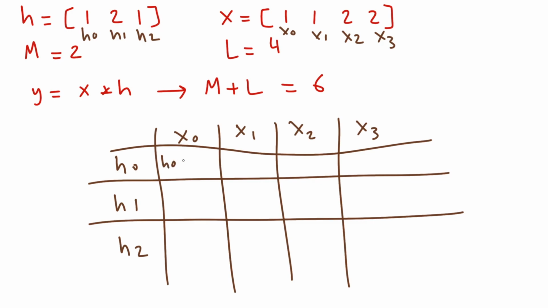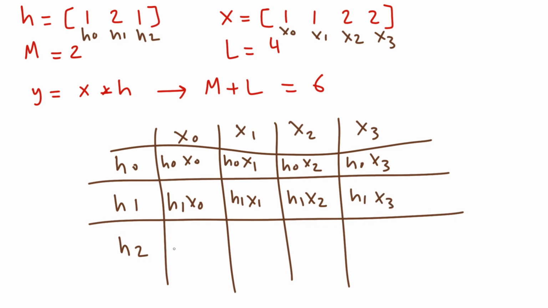This is h0 x0, h0 x1, h0 x2, h0 x3, h1 x0, h1 x1, h1 x2, h1 x3, h2 x0, h2 x1, h2 x2, and h2 x3.